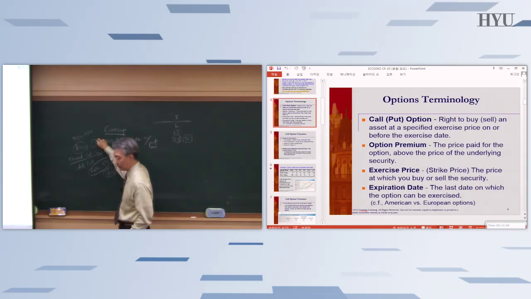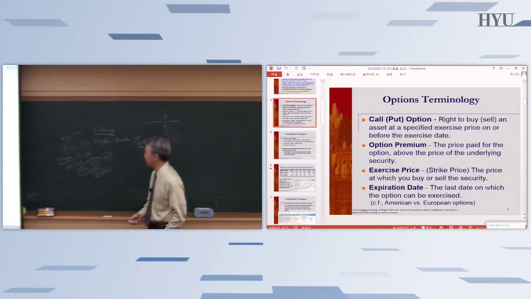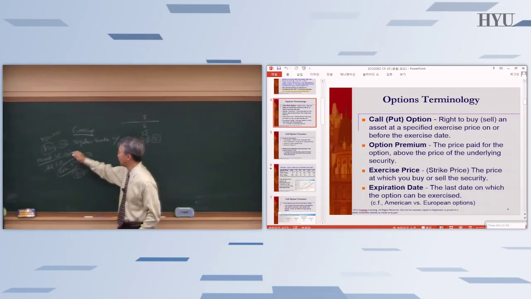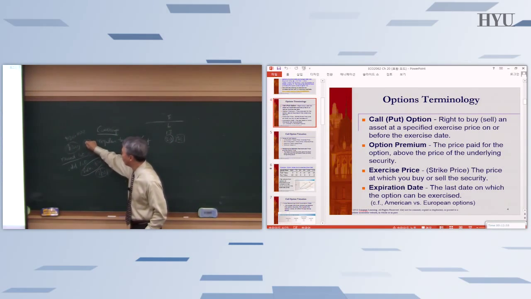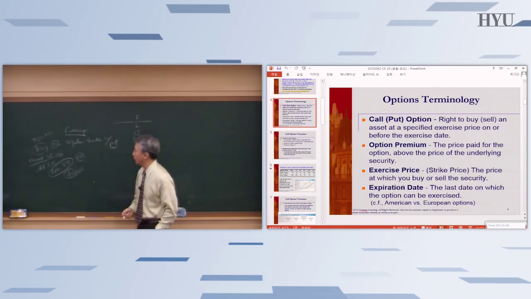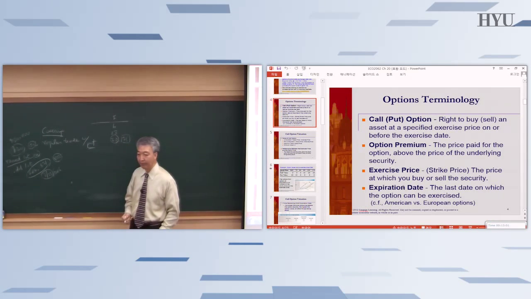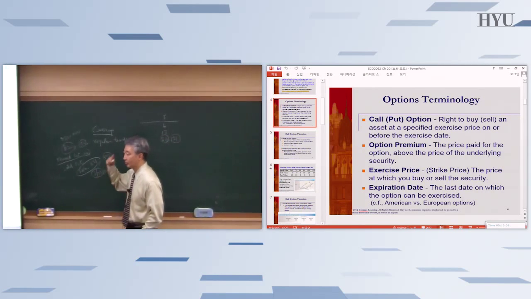No, 3%. Premium of 3%. Sorry, 1.5%. So that's $3. Yeah, 1.5% is $3, right? Sorry, 3 cents.